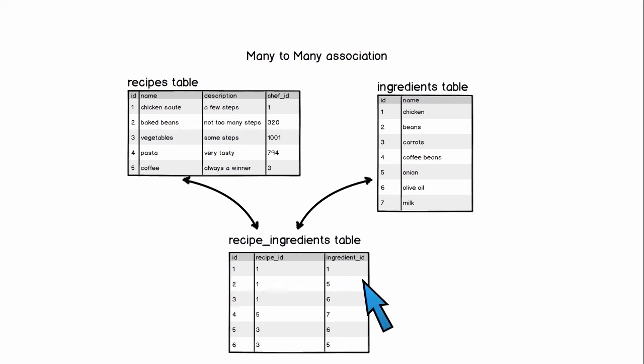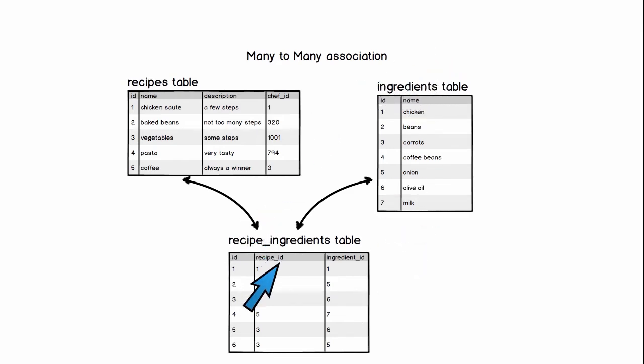And the third table simply lists the recipe ID and the ingredient ID. So if you take a look right here, you have recipes table, has ID 1, chicken saute. That's listed here. And then in the ingredient ID for the same row, you have 1 as well. That means it goes to the ingredient table. 1 is chicken.